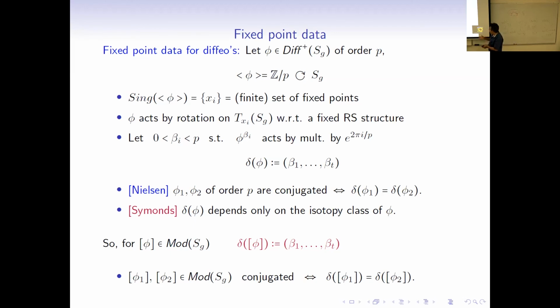So it's well known that if you have 2 diffeomorphisms of order P that are conjugated, then the fixed point data are the same and vice versa, right? And moreover, one knows that the fixed point data depends only on the isotopy class of phi. So this definition passes to the elements of the mapping class group.